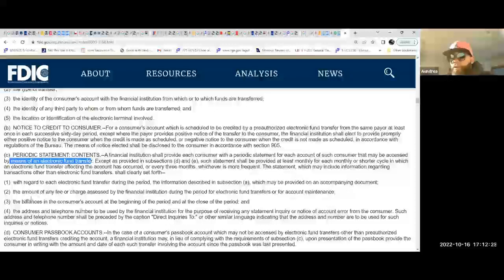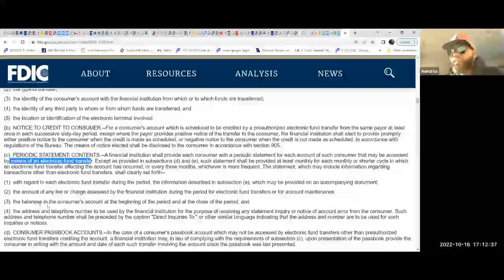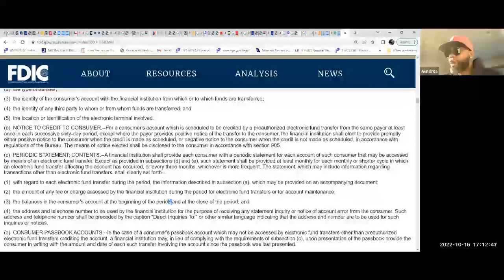The amount of any fee or charges assessed by the financial institution during the period for electronic funds transfer or for account maintenance. The balance in the consumer's account at the beginning of the period, that's what they always give you, what they call your previous balance. So it all adds up to what it's saying, and the close of the period. And when that balance is closed before you can actually receive it, right?